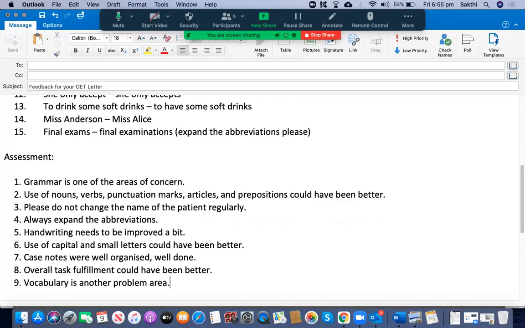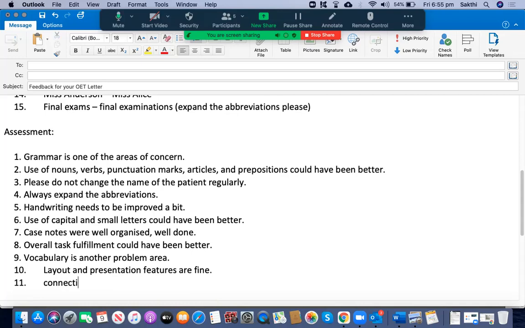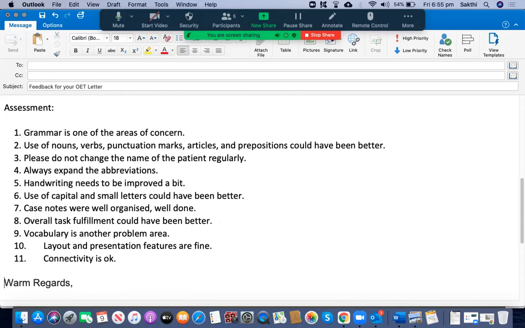You have to use formal words only. Try not to use informal phrases. Layout and presentation features are fair enough. I'm happy with that. Connectivity is okay. I'm happy with your connectivity as well.